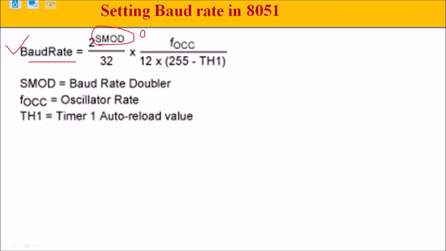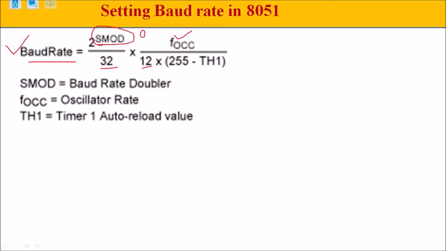That means if the SMOD bit is 1, we are doubling the baud rate because it will be multiplied by 2. 2 raised to power 1 means 2. Otherwise, it is 1. Then here division factors are used because the frequency we are dividing first by 12 and then by 32. So these two numbers are used here to divide our oscillator frequency.